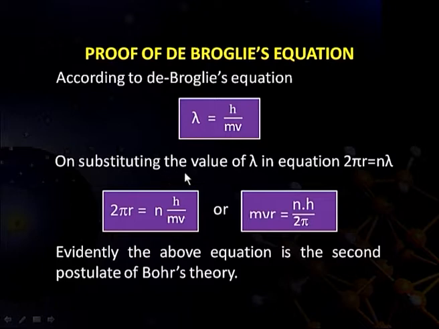On substituting the value of lambda in 2 pi r = n lambda, we get 2 pi r = nh upon mv, or mvr = nh upon 2 pi. Evidently, this equation is the second postulate of Bohr's theory. Thus, de Broglie's relation provides a theoretical basis for Bohr's postulate.